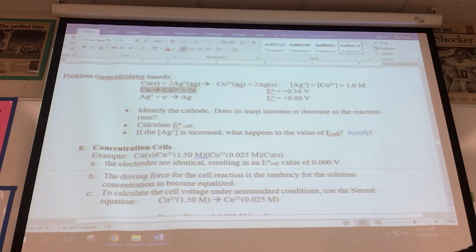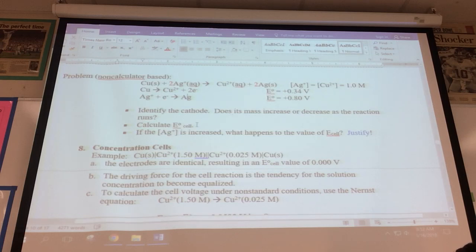So, what's the cathode? Silver is correct. The cathode is silver. Does its mass increase or decrease as the reaction runs? It would increase because silver is being generated in the reaction. It is a product.